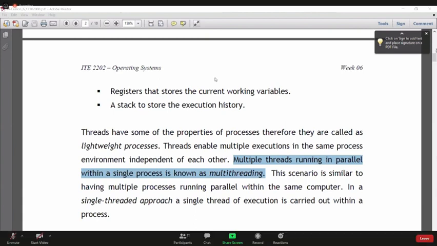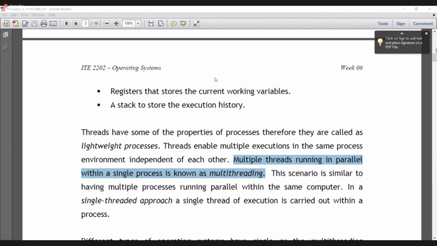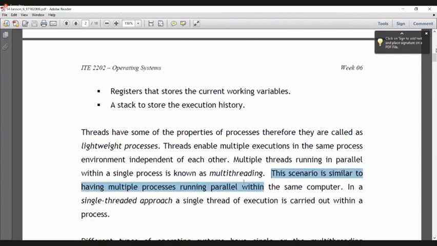So one process can have many threads. This scenario is similar to having multiple processors running parallel within the same computer. Now we are running different applications at the same time, so a similar concept you can apply within a process also. That is called multi-threading.